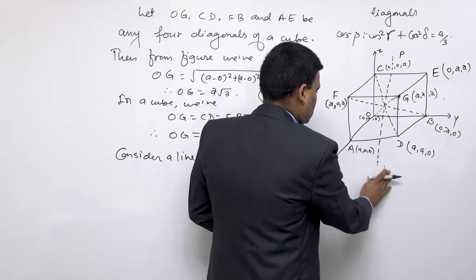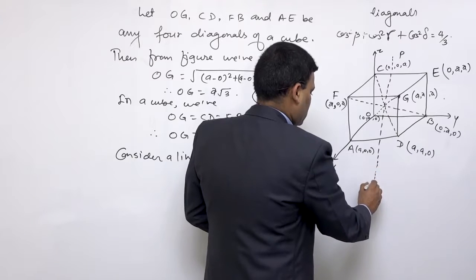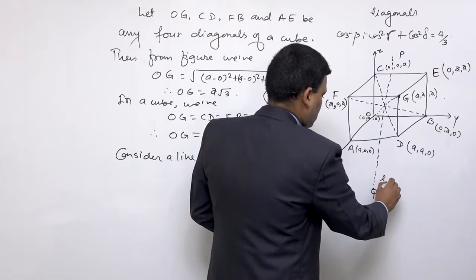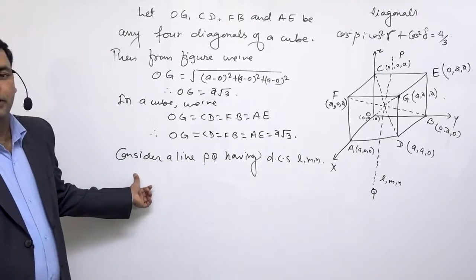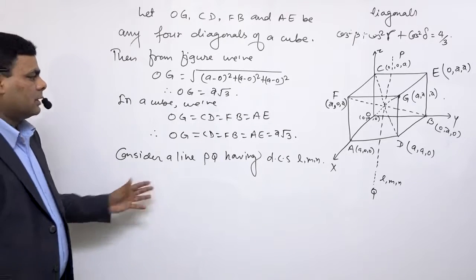Suppose this is a line PQ having direction cosines l, m, n. Okay.